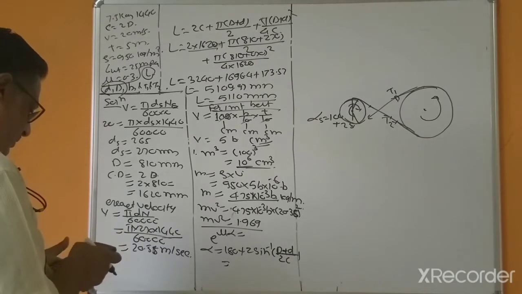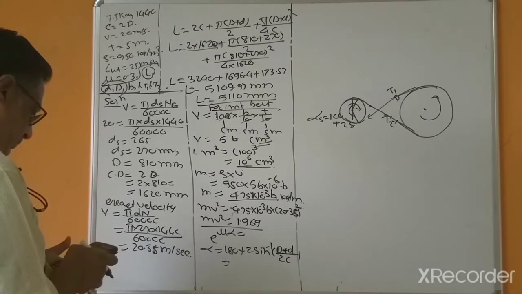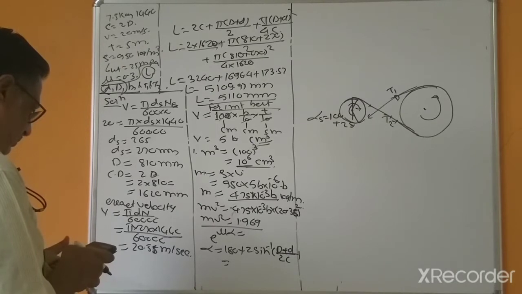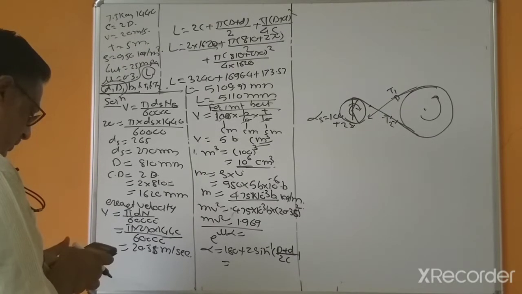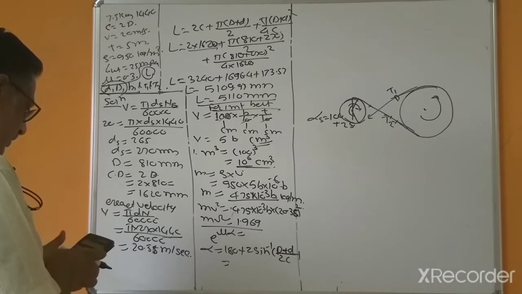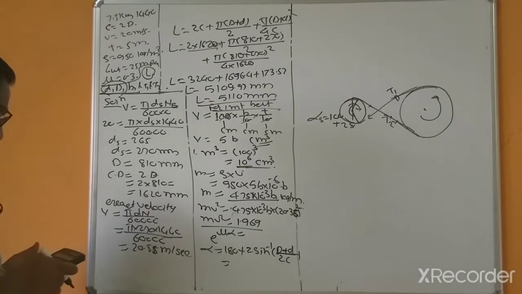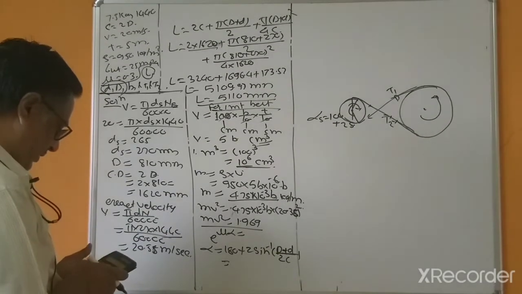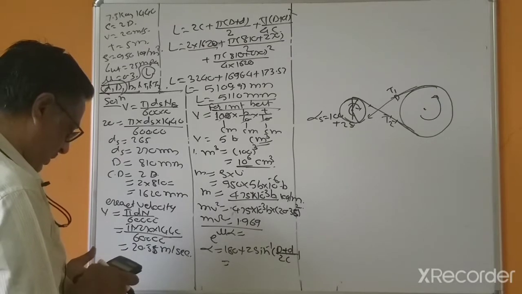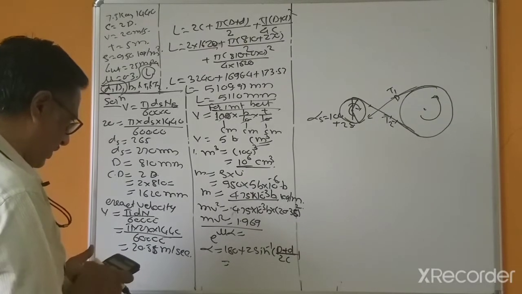Inverse of sine plus 180 multiplied by pi divided by 180.